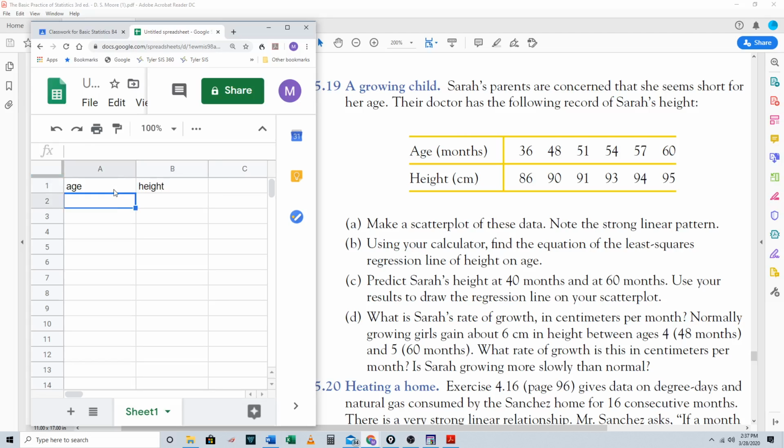We put the data in: 36, 48, 51, 54, 57, 60. These are in months. And then we have 86, 86, 90, 91, 93, 94, 95.